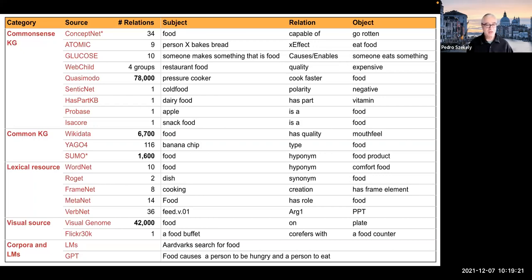So there are the large knowledge graphs like Wikidata, lexical resources like WordNet. We used Visual Genome as a source of common sense knowledge, and of course, the language models. And we see that the number of relations in these different sources are very disparate. Some of them have only a very few relations, whereas others have thousands of relations. Next slide, please.